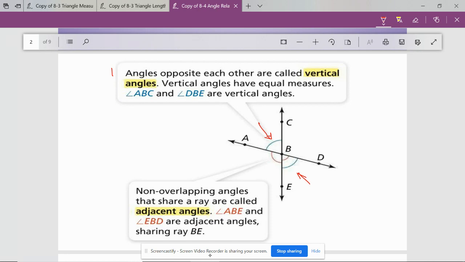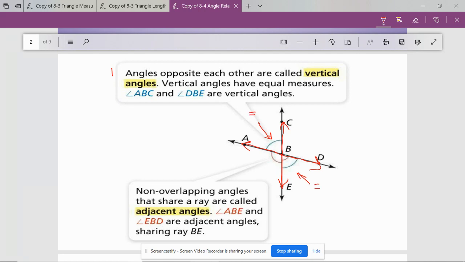So if we look at A, B, and C right here, and DBE, those angles are vertical angles, and they are going to be equal to each other. Those two are going to be the same.